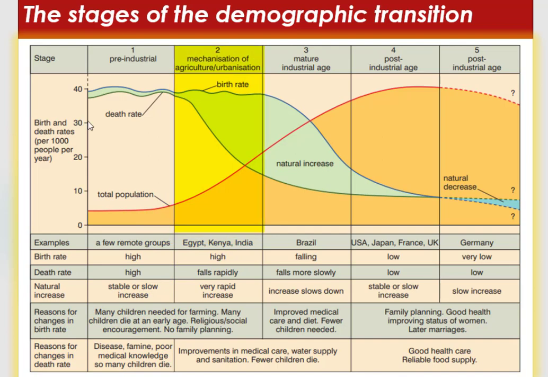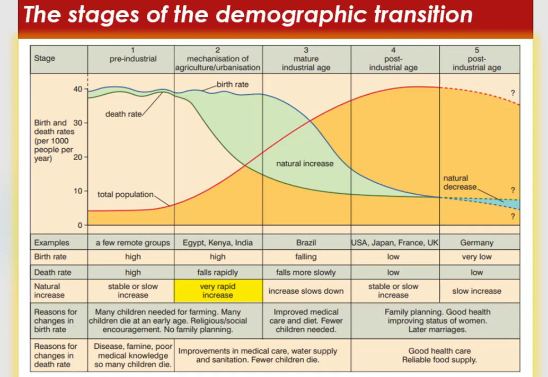With mechanization of agriculture or urbanization, birth rate is high and death rate falls rapidly. In this case, natural increase or growth rate is very rapid. Natural increase is very rapid because birth rate is significantly higher than death rate.